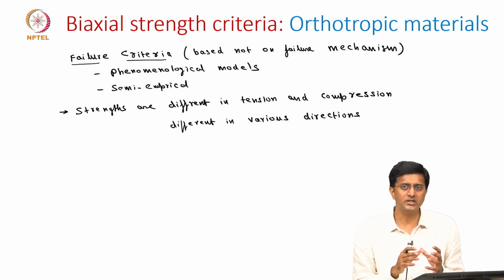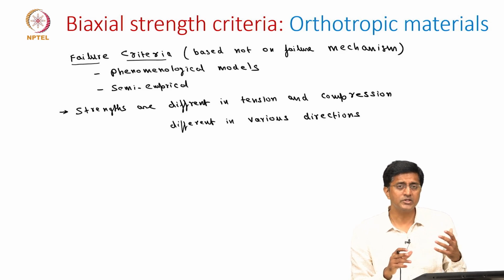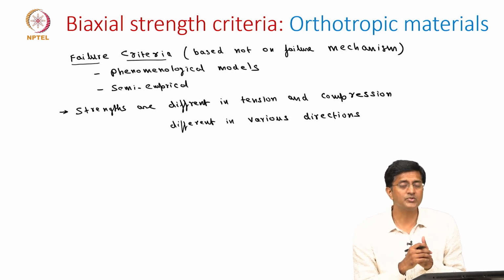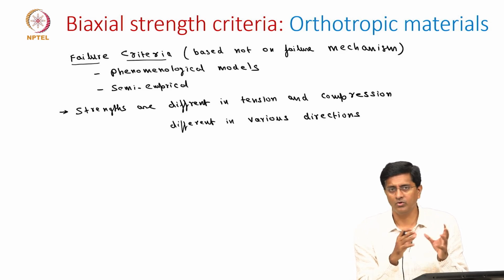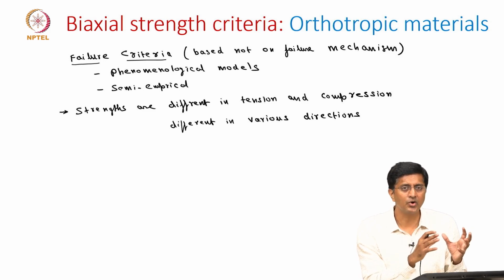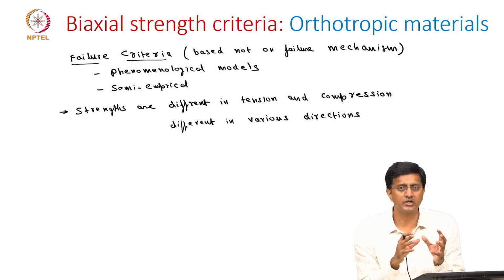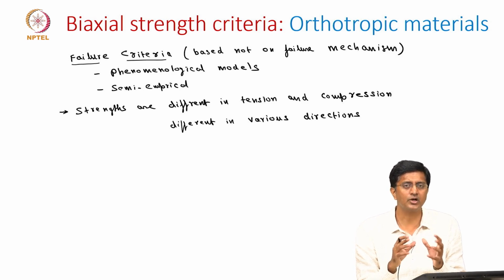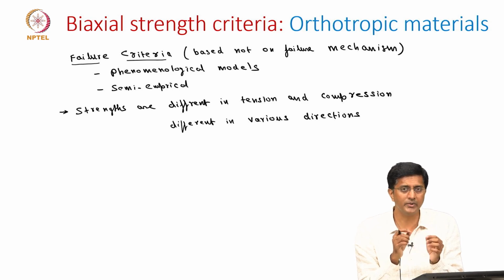So what it means is, previously we have been following these principal stresses, meaning no matter what is the multi-axial load given, we try to find out what are the sigma 1 and sigma 2, which are the stresses on the planes where there is no shear. Once you know what is sigma 1 and sigma 2, then you compare those with some criteria.